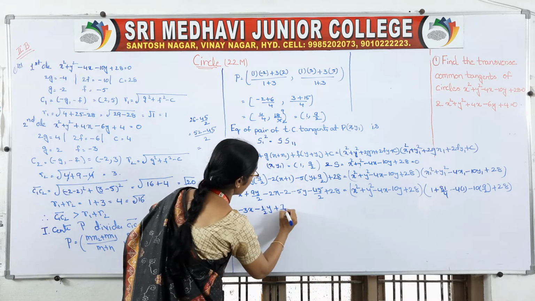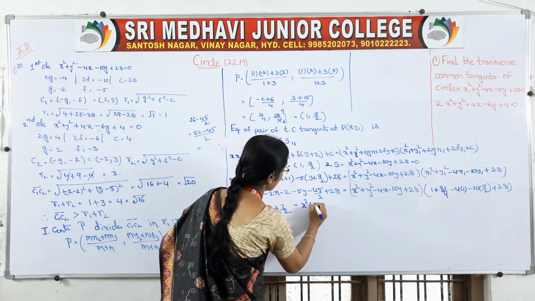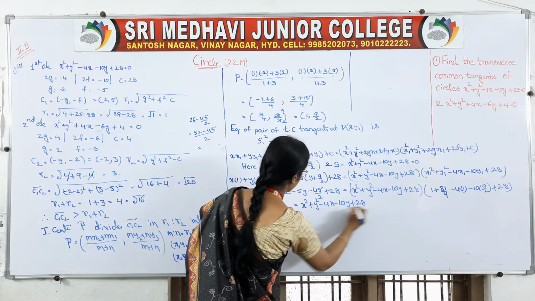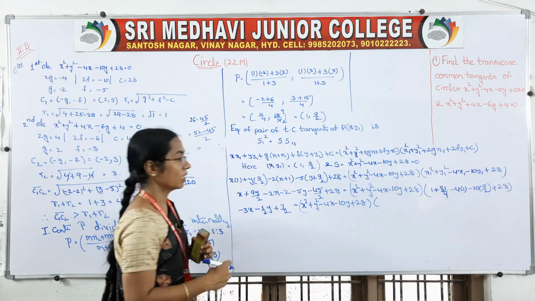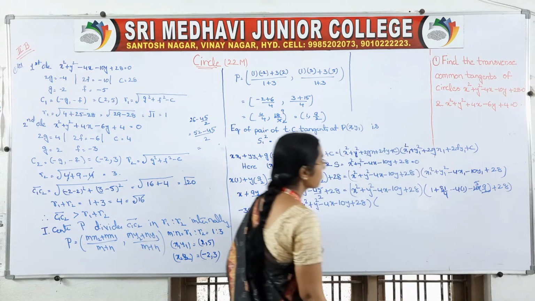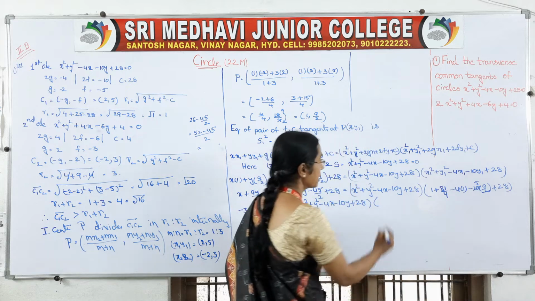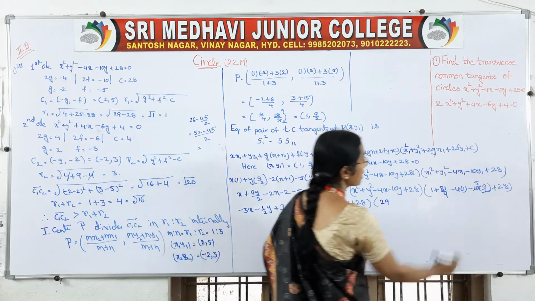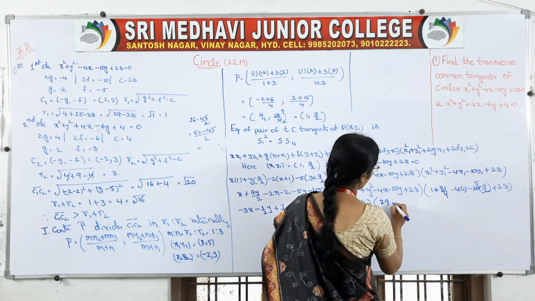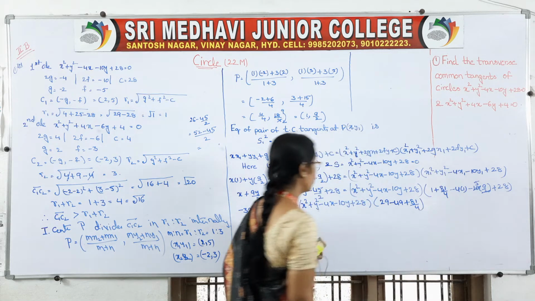So plus 7 by 2 equals, on that side it is x square plus y square minus 4x minus 10y plus 28 into, simplify, what happens? This one, 2 ones are 2, 5 ones are. So 1 plus 28 is 29, and here 9 fives are 45, minus 45 minus 4, minus 49, plus 81 by 4.